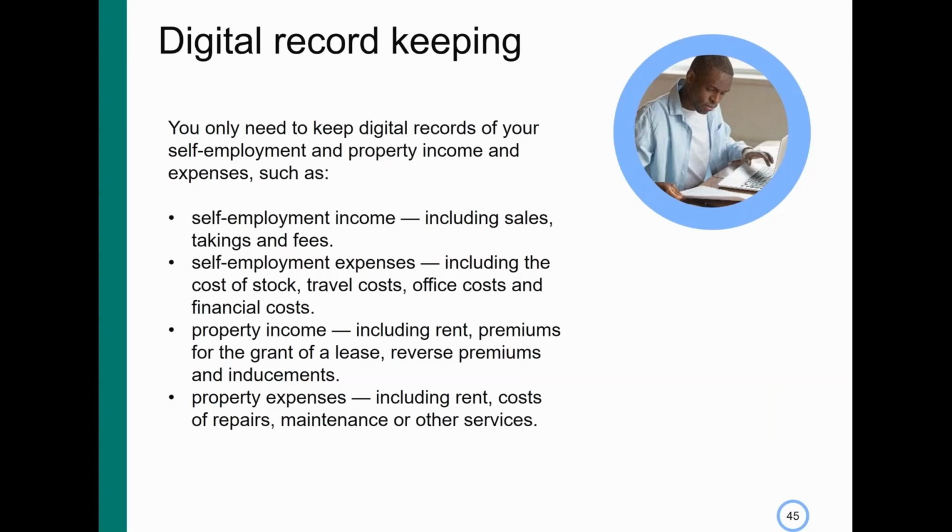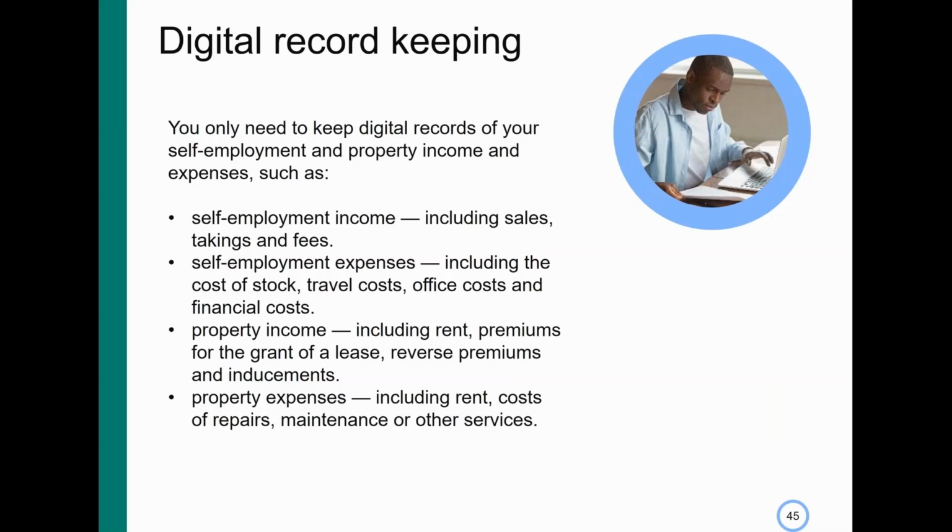Property income, including rent, premiums for the grant of a lease, reverse premiums, and inducements. And property expenses, including rent, the cost of repairs, maintenance, or other services. You will note that these correspond to the boxes on the supplementary pages for self-employment and income from property.